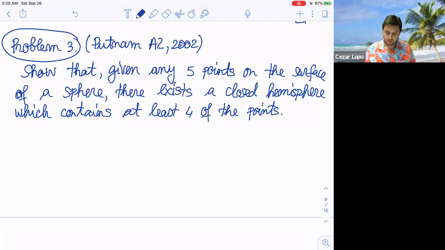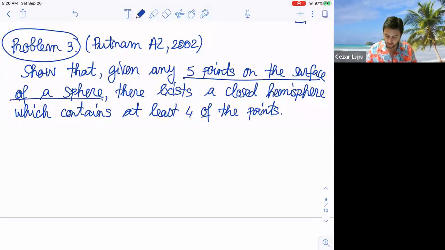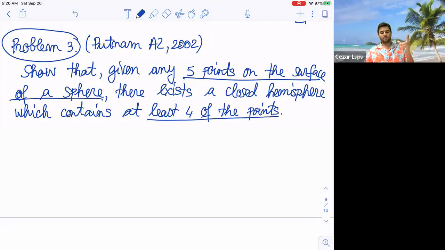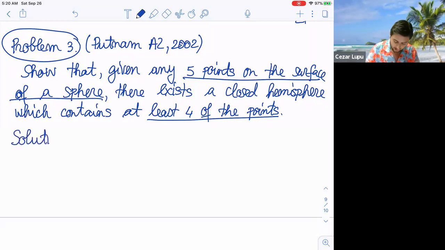Wow. Well, in fact, it's quite good. Let's look at it. So I have 5 points on the surface of a sphere. That's important. So I want to show that there exist at least 4 of them. Maybe I should divide. There's a trick here. Let me just draw a picture.